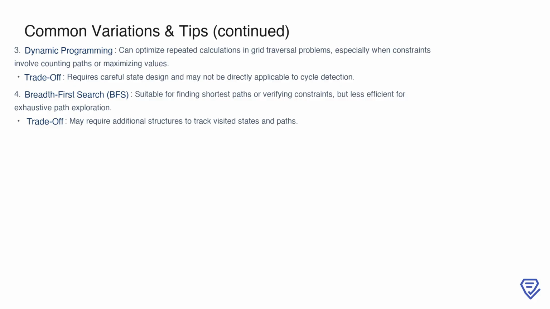However, it's less efficient when you need to explore all possible paths exhaustively. Additionally, BFS often requires supplementary data structures to track visited states and paths, which can add complexity to your implementation. Understanding these trade-offs is key to selecting the right strategy for a given problem, especially under time constraints in an interview setting.